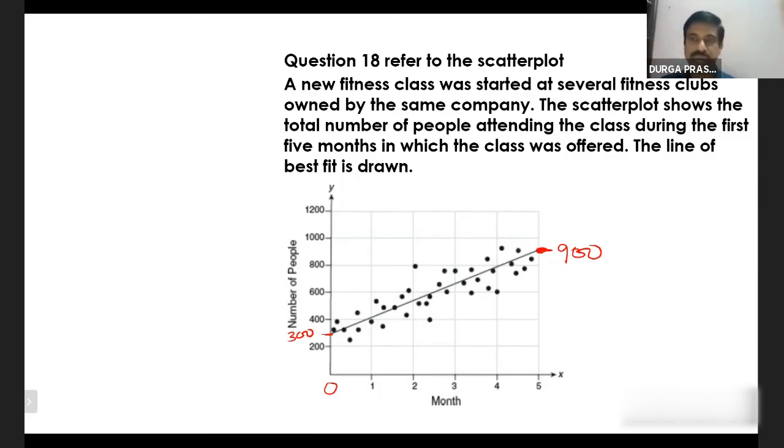You need not worry about such things, because under such circumstances, they will not give any value that is very near to the actual answer. Therefore, you may get a small difference, but that small difference can be identified because they will not give the possible difference as one of the options. If you are not able to find the exact number, like if this is not exactly in between, if it is a little above or a little below, you may not be able to identify it with the human eye.